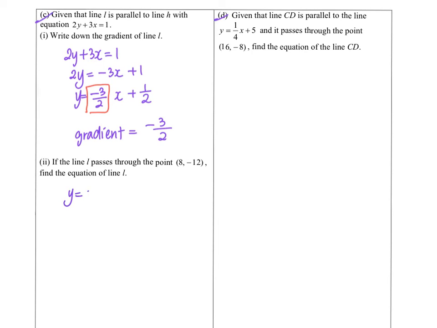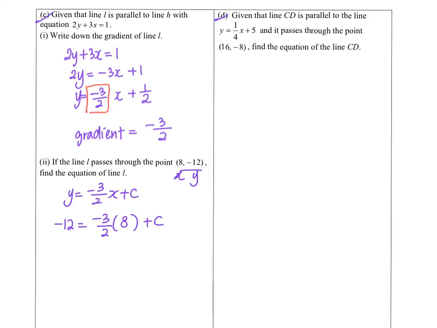I can start off with my second step. y equals negative 3 over 2 x plus c. Then they tell me that this line L passes through this particular point. So x will be the number 8, y will be the number negative 12. So we're going to replace y with negative 12, and x with 8. Negative 12 equals negative 3 over 2 times 8 plus c.